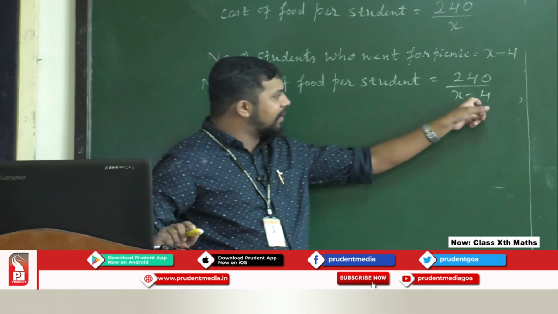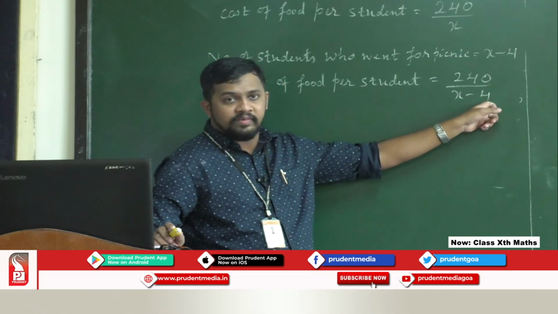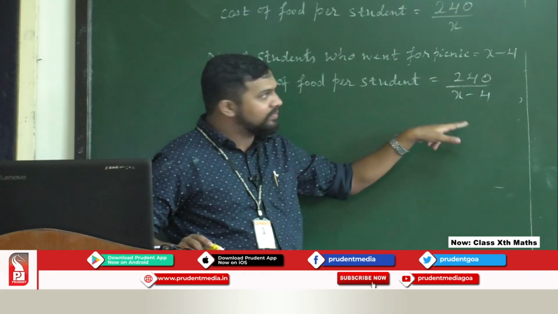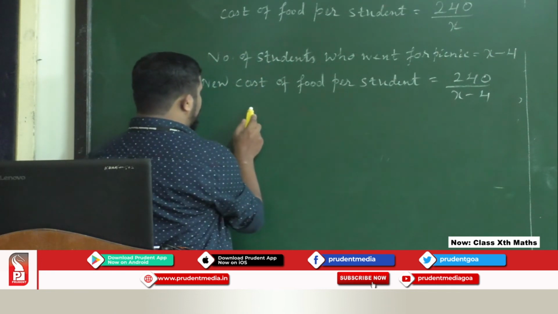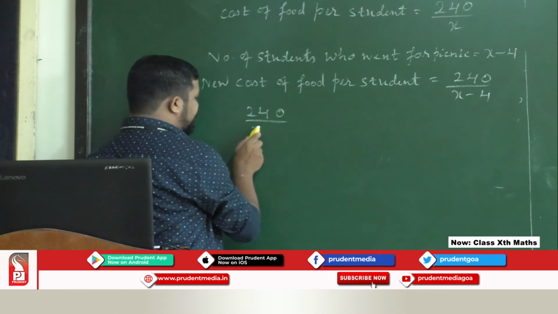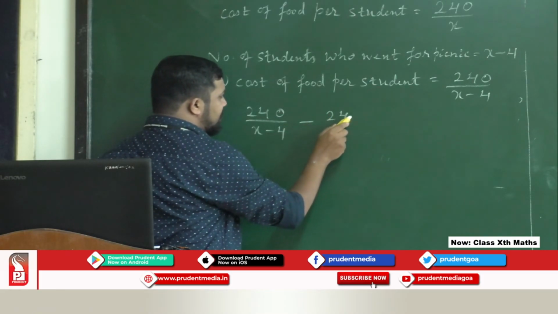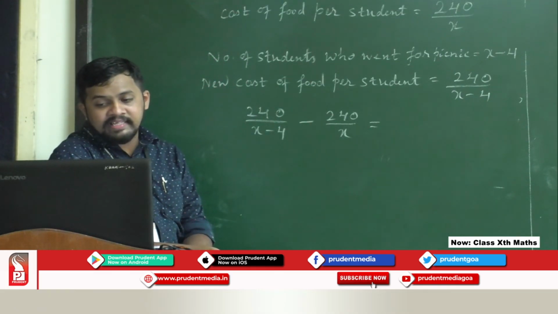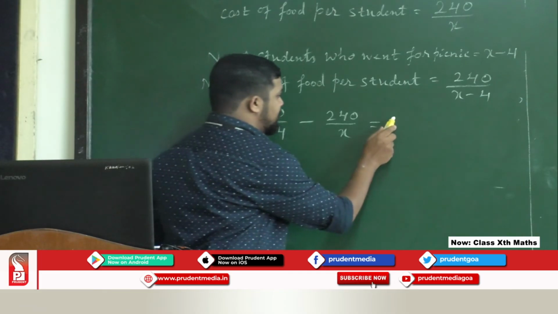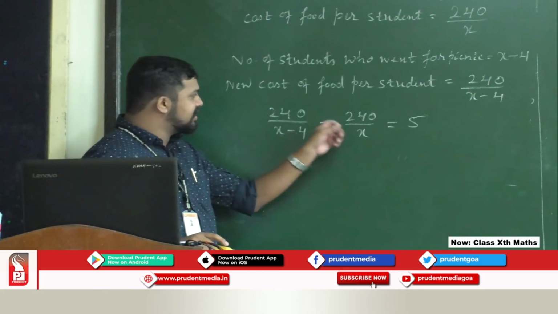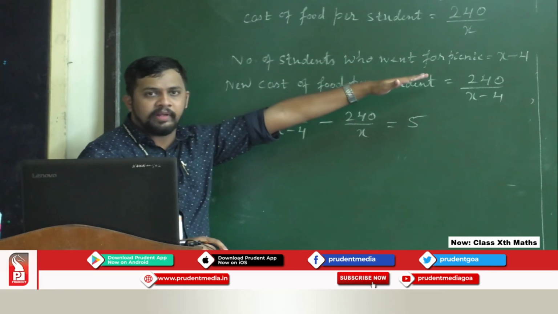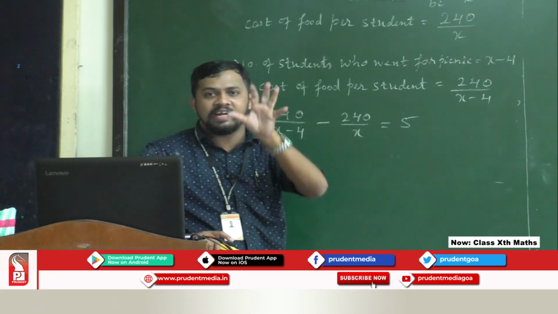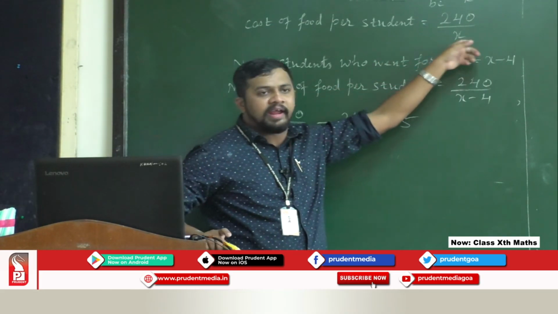Now if you see what happened, students decreased, that means cost is increasing. The money increases, so this quantity will be positive, and obviously the other one will be negative. So 240 by x minus 4 minus 240 by x. By how much? It is given that the price increases by rupees 5. So equals 5. What I said is, x students arranged the picnic. They made a budget of 240 and everyone has to contribute 240 by x.